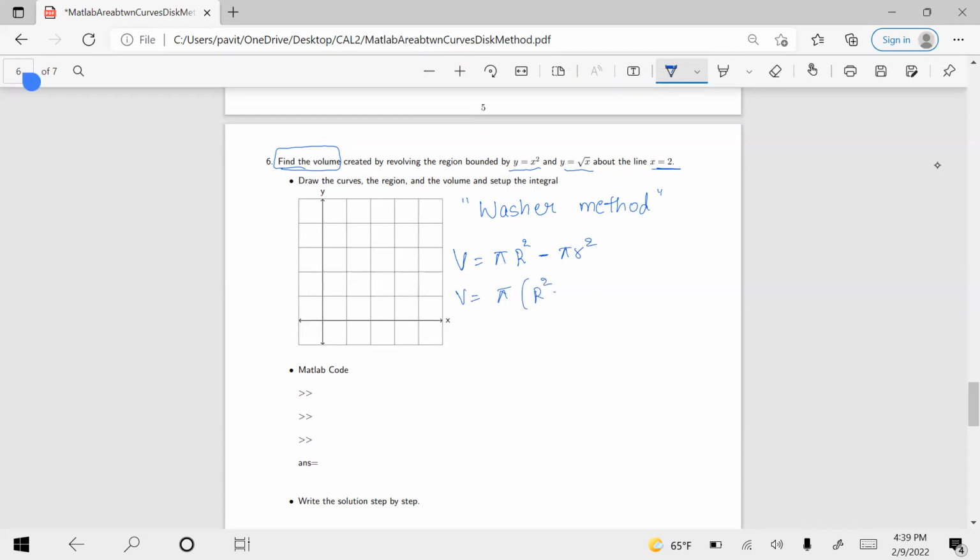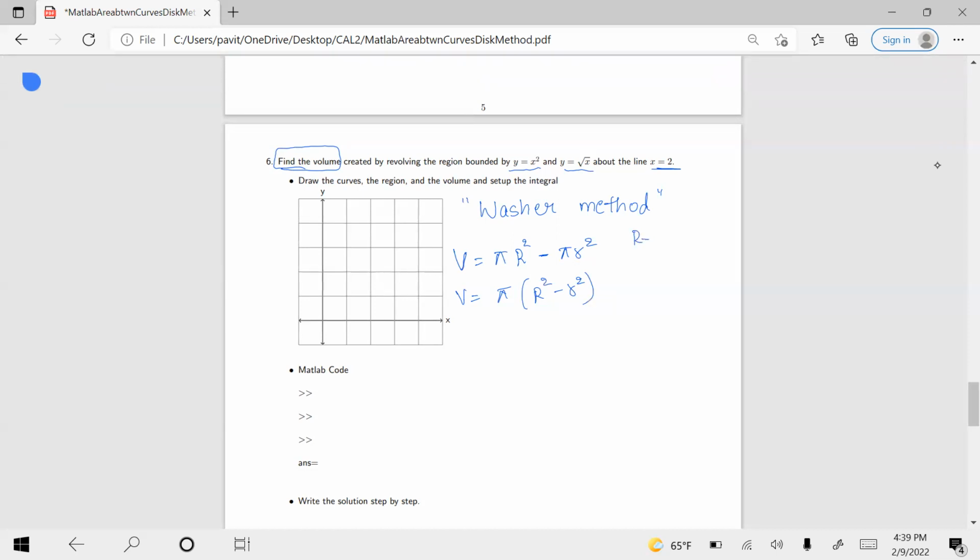Okay, it is same as problem 5. Remember, capital R is your outer radius, small r is your inner radius. You have to figure out what function will fit to the outer, what function will fit to the inner.